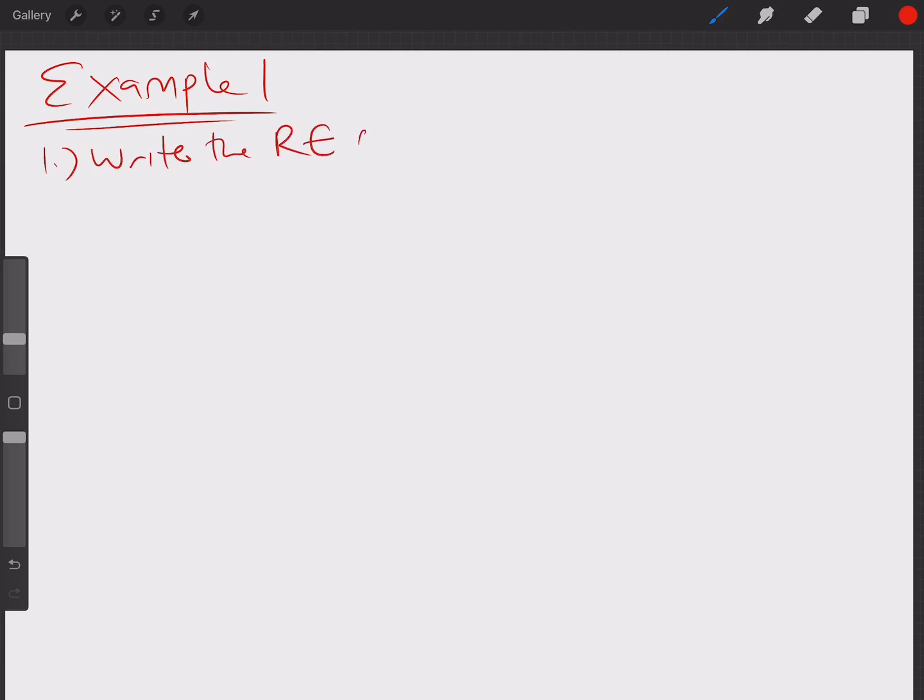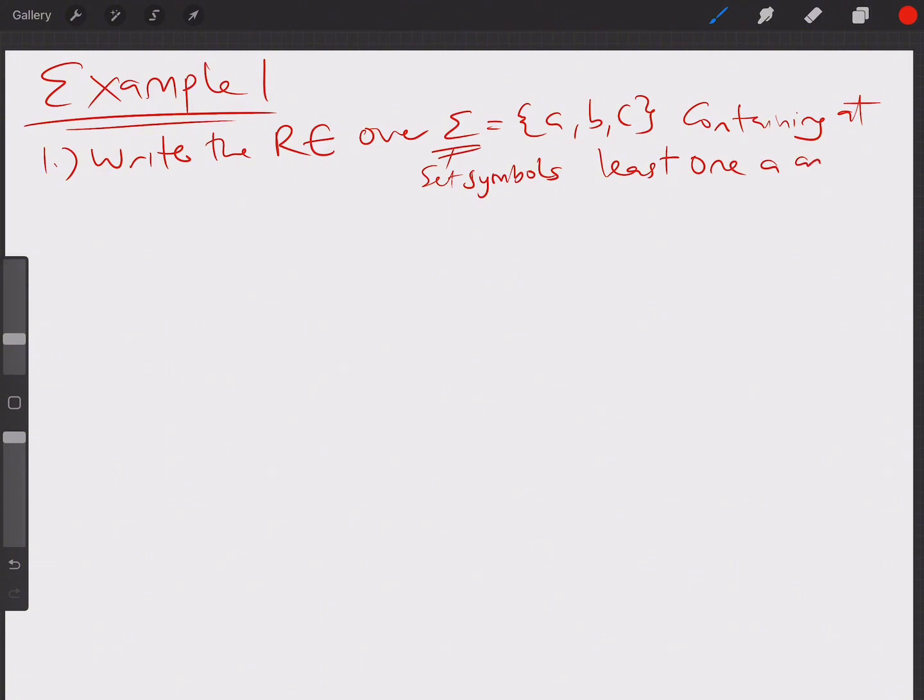Example 1. Write the regular expression over the alphabet A, B, C, which is a set of symbols, containing at least one A and at least one B. So that's what we have.